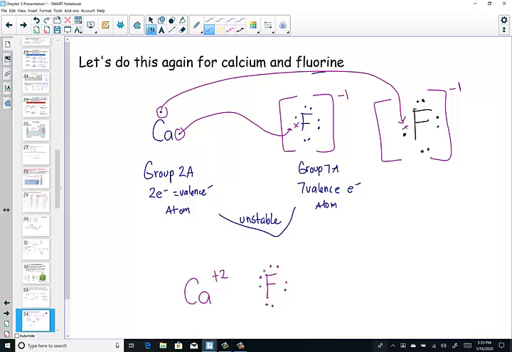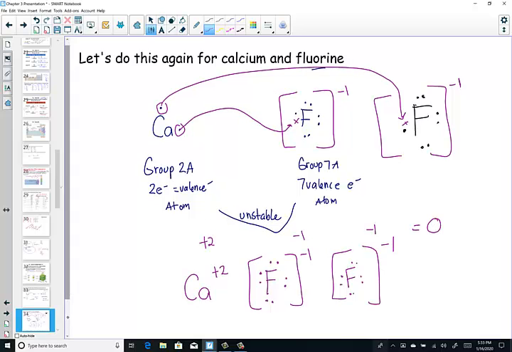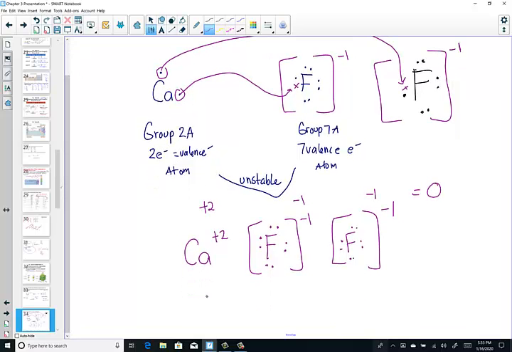So I have 2 units of F-1. I'm just kind of showing the model here. This is an F-1. Here's the second F-1. Notice how 1 unit of a +2 with 2 units of a -1 gave us 0 charge overall. Now let's write it as a formula. The metal will always be written first.